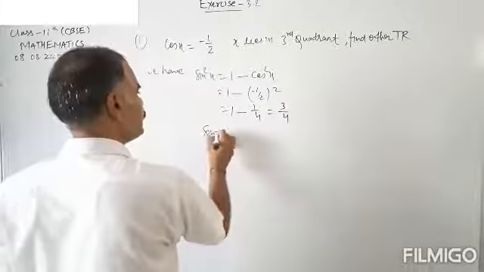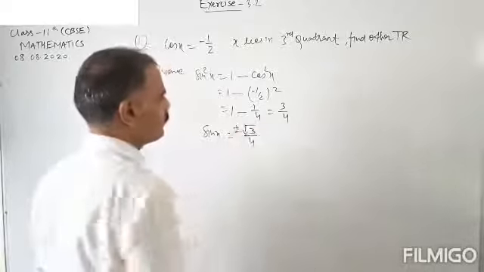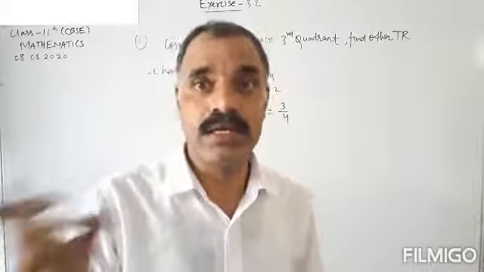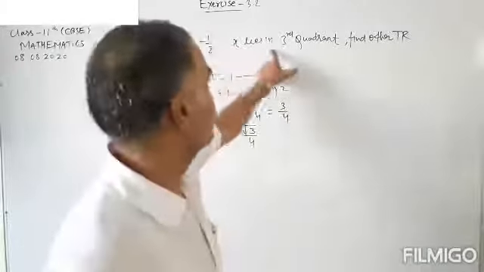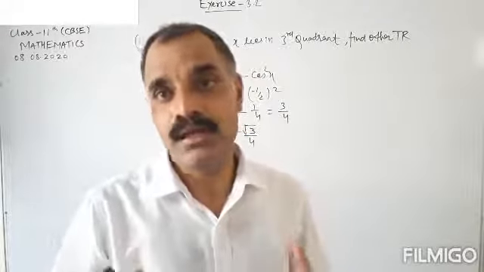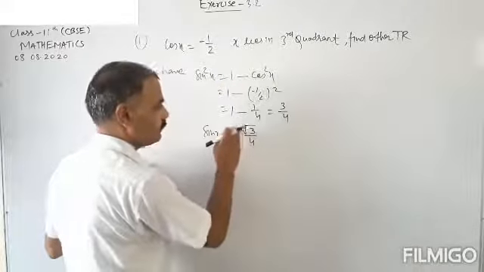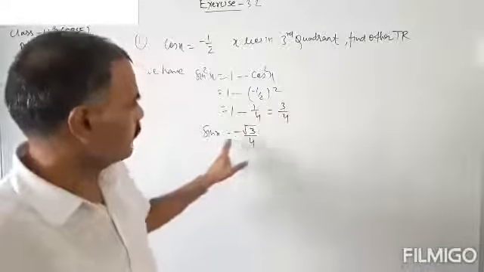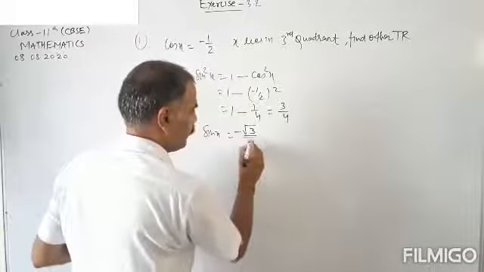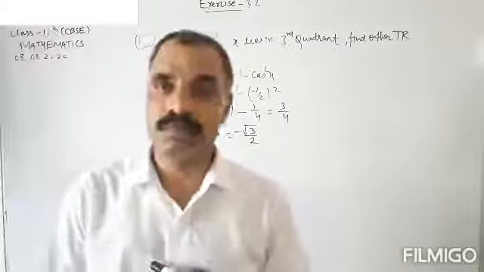So sin x equals plus minus under root 3 by 4. But as I have already told you, x lies in the third quadrant, so sin x will also be negative. So the plus sign has no relevance. Sin x equals minus under root 3 by 2.